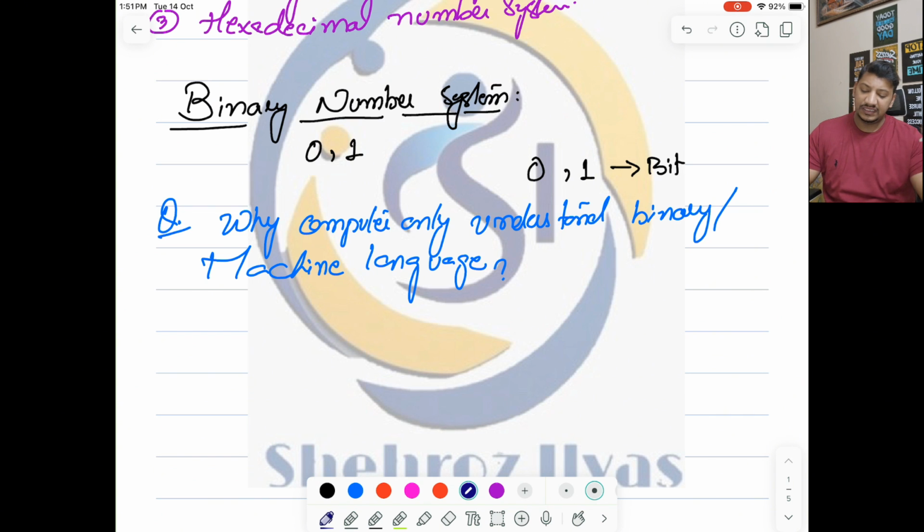What will you write in it? You will write that the computer is made of, the CPU is made of millions of tiny switches.